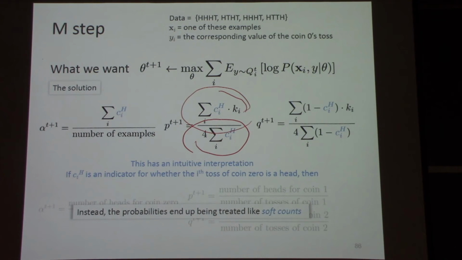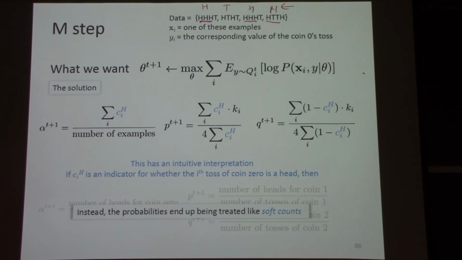Let's say these were heads, tails, heads and heads, and suppose that instead of soft counts, these were actual hard counts. The numerator here is simply counting 3 plus 3 plus 2. Among the examples that are labeled heads for coin 0, how many coin 1 heads were seen? That's the numerator.